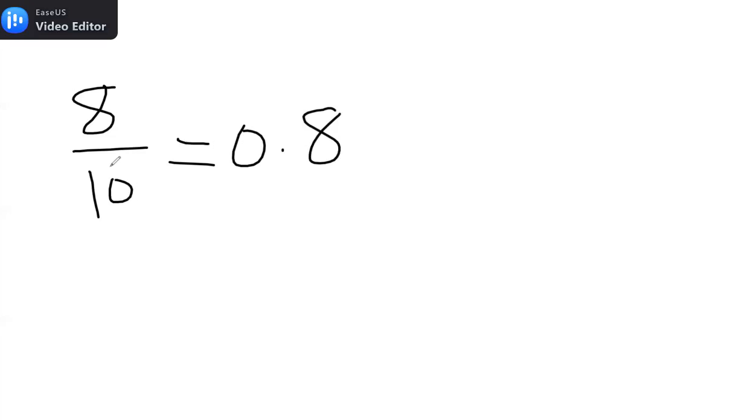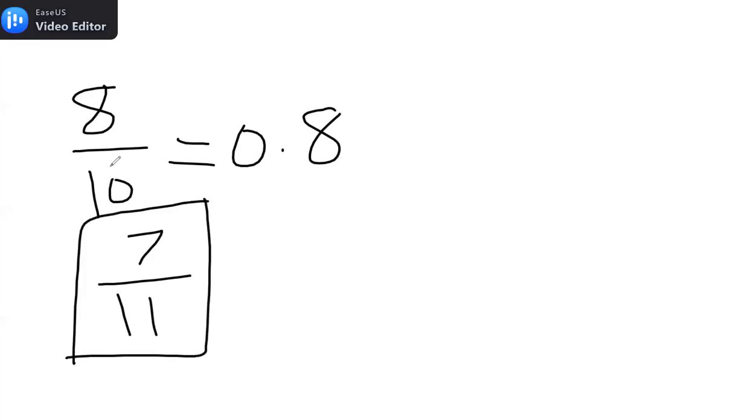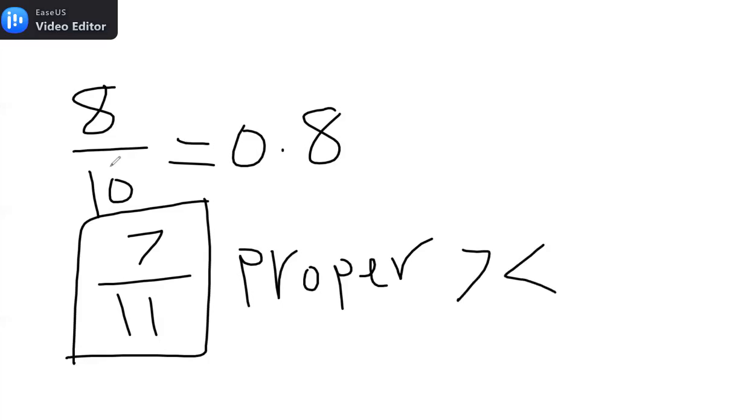Then we talked about proper fractions. 7/11. Is it a proper fraction? Yes, proper, because 7 is less than 11.